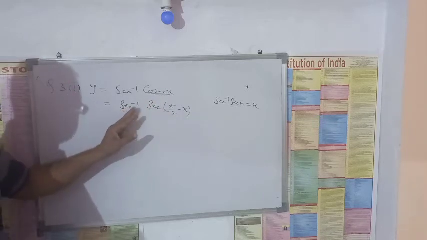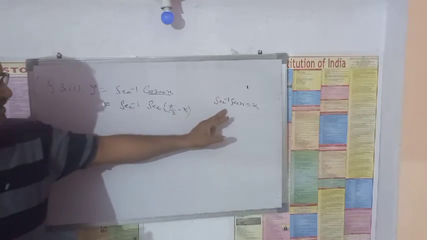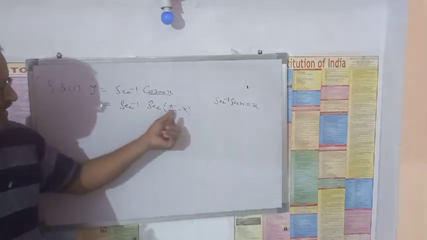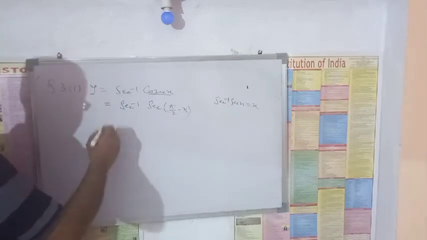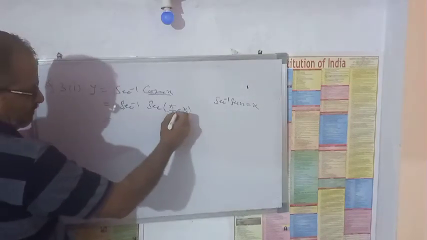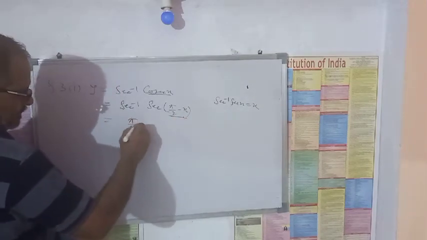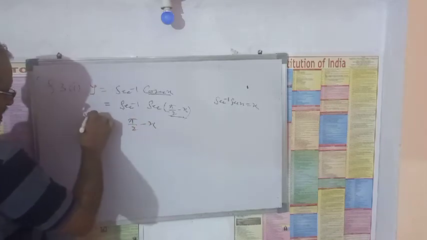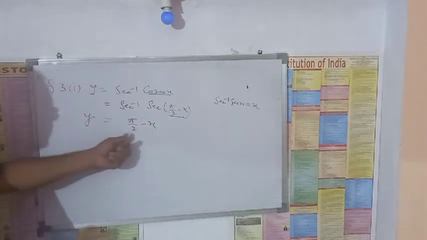Now it has become sec inverse sec of pi by 2 minus x. Sec inverse sec x is x, so in place of x, pi by 2 minus x. So now y is equal to pi by 2 minus x.